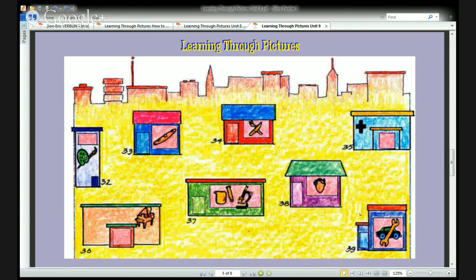In the bottom right, Christian, what happens in the bottom right? What place is that? He works as a mechanic. That's where the mechanic works. So where does the mechanic work? What's the name of the place? Where does the mechanic work? In a hospital? No. In a restaurant? No. Mechanics.